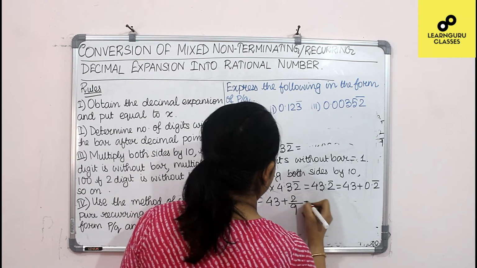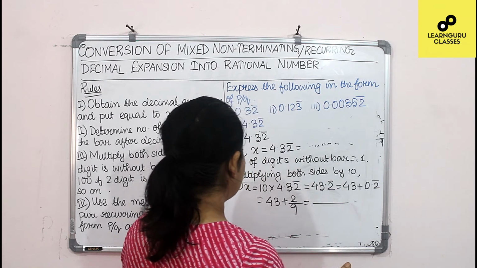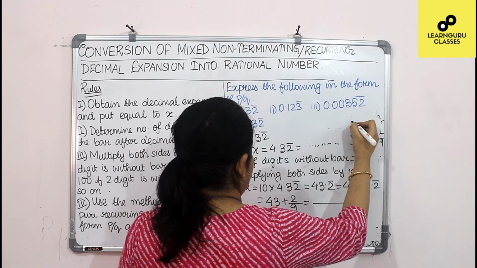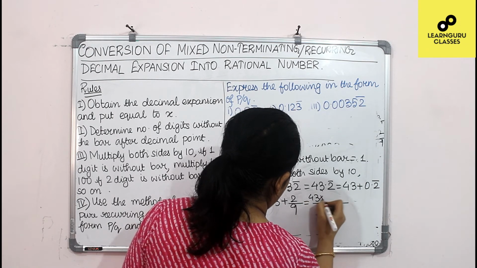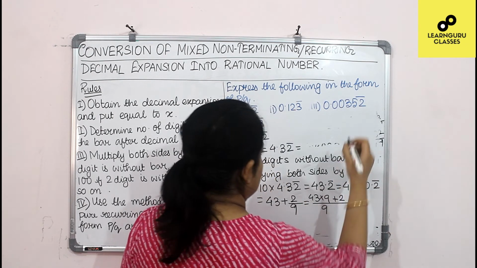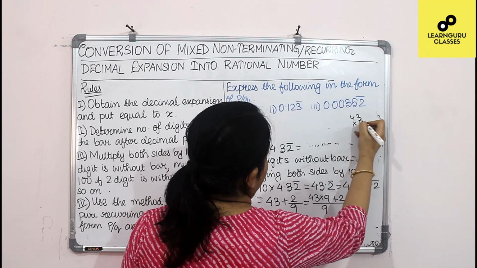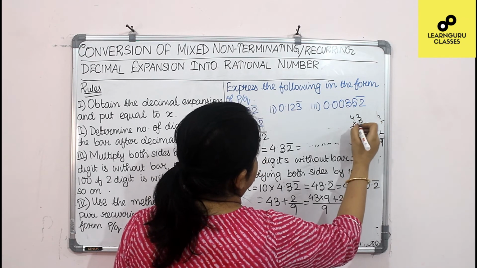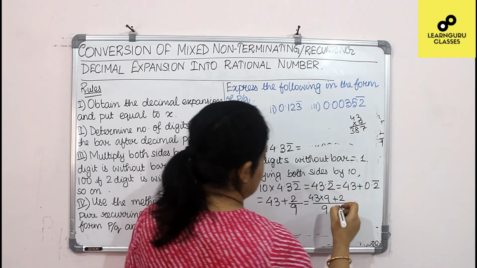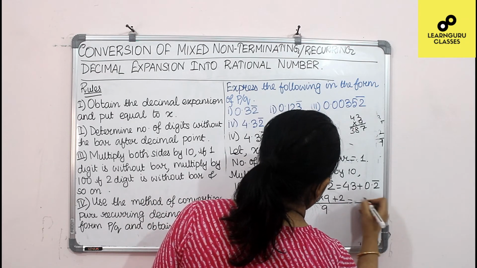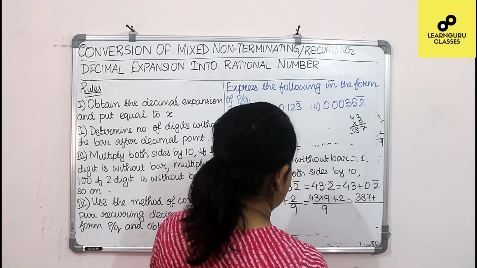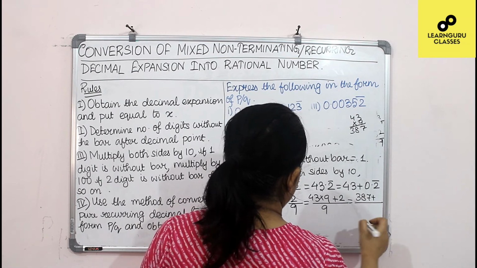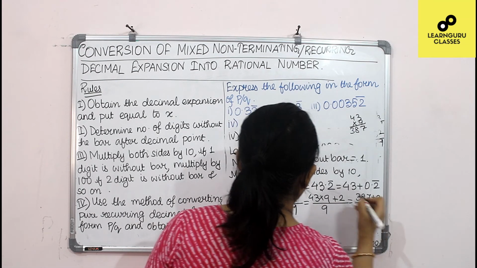So 2 by 9, what will you write? 9 is the LCM, 43 into 9 plus 2. So 43 into 9: 9 3s are 27, 9 4s are 36, 37, 38, so 387, plus 2 by 9.